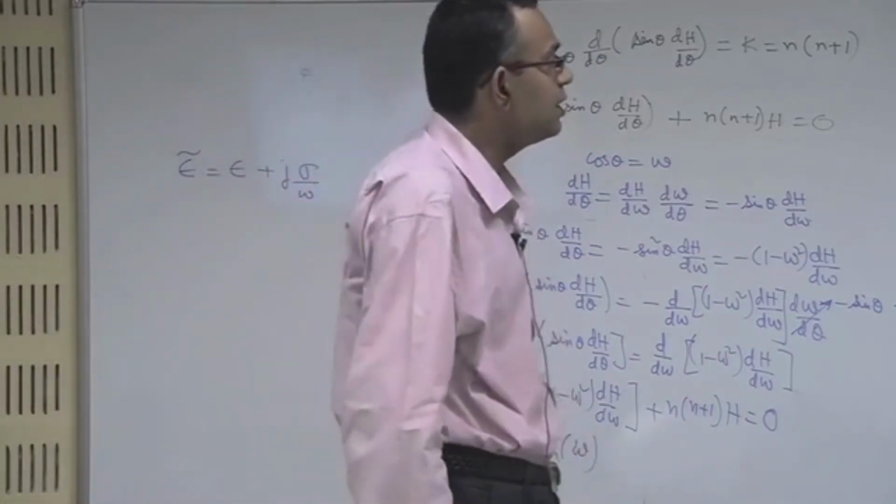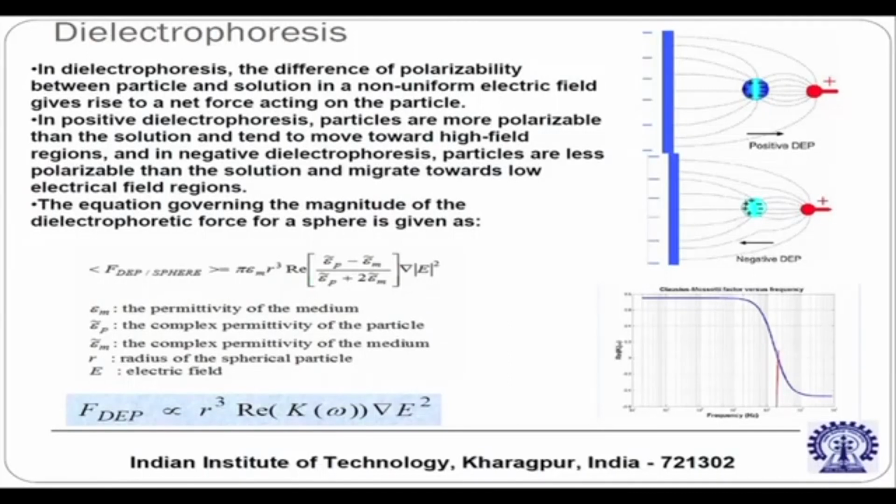In that spirit, if you look into the formula, you will get terms with the complex permittivity of the particle, the complex permittivity of the medium and the radius of the particle, and you can see that the force essentially depends on the gradient of the square of the electric field.